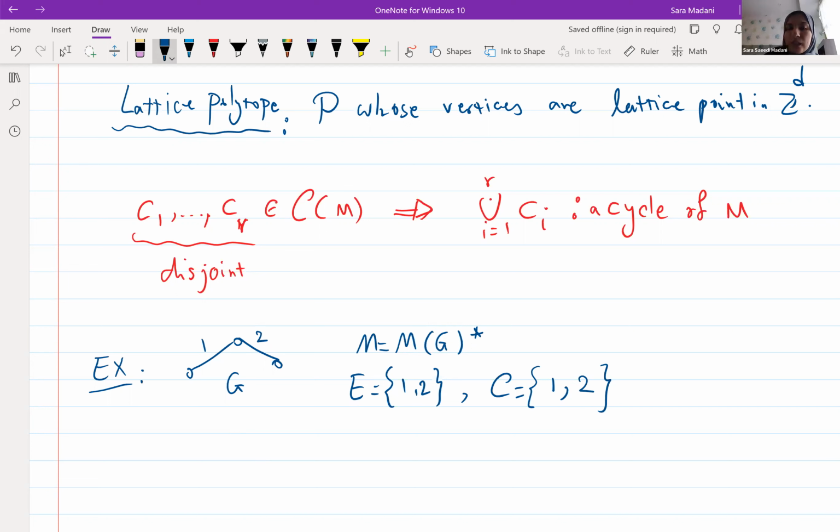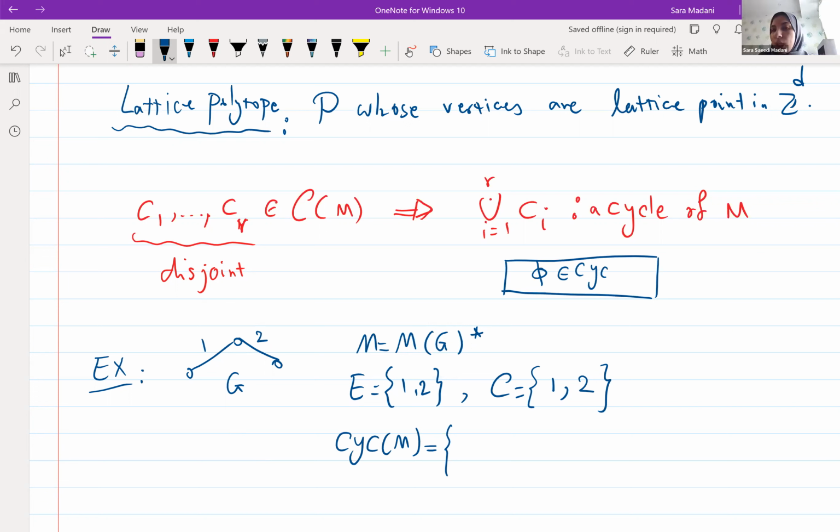And now let's see what our cycles are. I denote the cycles of M by this notation, cycle of M. First of all, note that the empty set is always a cycle of M. It was not a circuit, but it is a cycle because when I take the disjoint union of nothing, I get the empty set. So for sure, I put the empty set here. And circuits themselves are cycles because I take the disjoint union of one circuit with just itself.